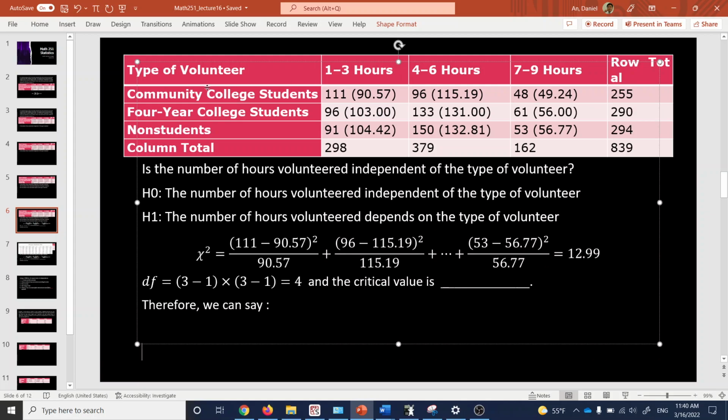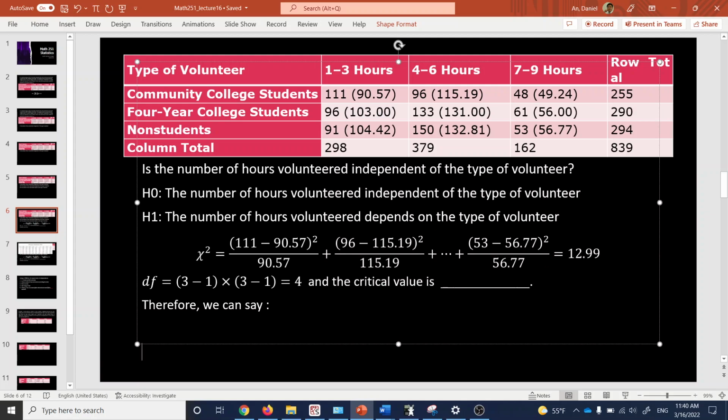I have community college, four-year college, and non-students, so 3 rows, so 3 minus 1. Times the 1 through 3 hours, 4 through 6 hours, 7 through 9 hours, again 3 columns, and you subtract 1. You multiply these two, and we see that the degrees of freedom is 4. Now, what this is really saying is the following.